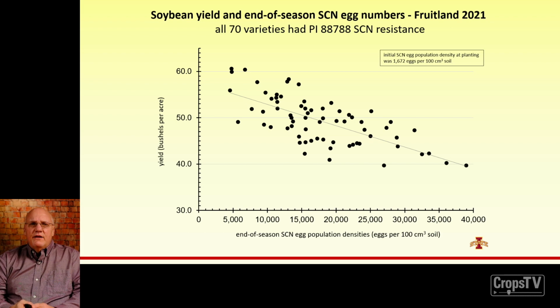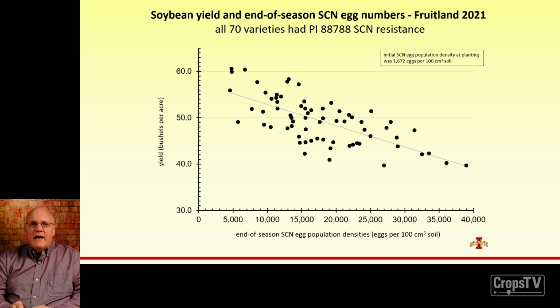So here are variety trial data, and what I've plotted was the average yield of 70 different varieties that have PI88788 SCN resistance. The yield is on the vertical axis, and on the horizontal axis at the bottom is the end of season egg count that was left after the soybean varieties were grown.